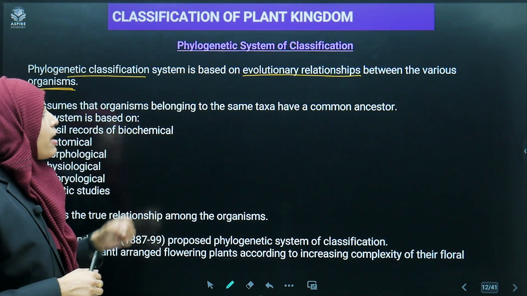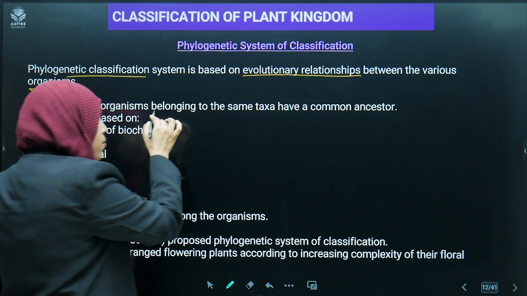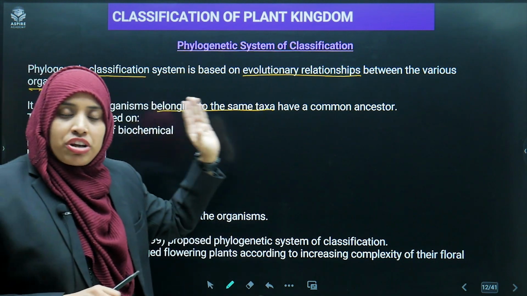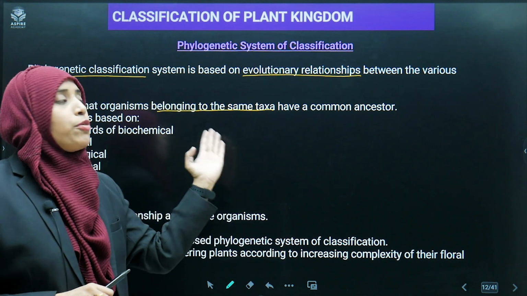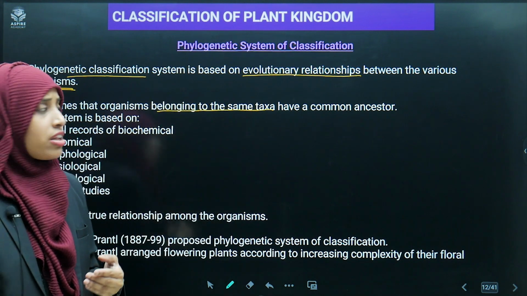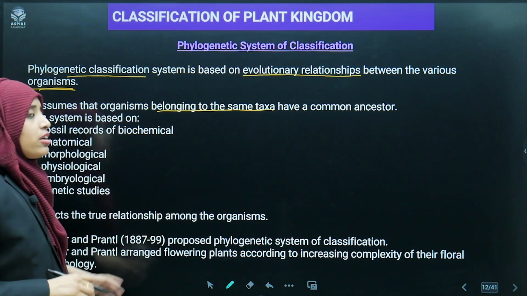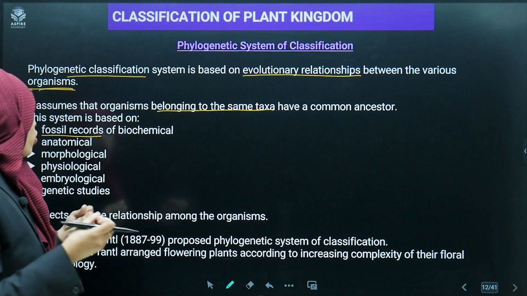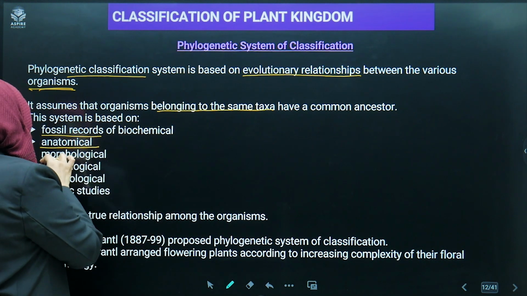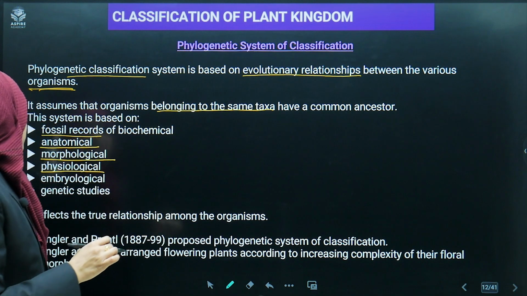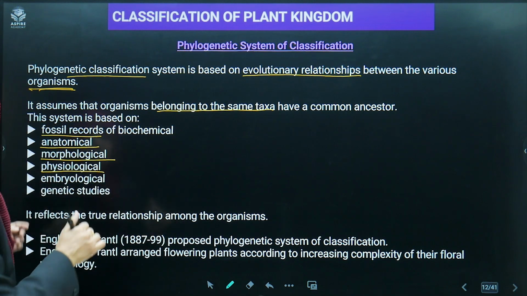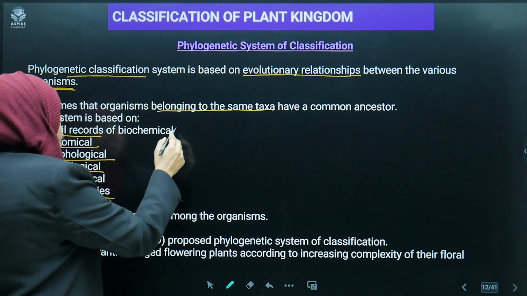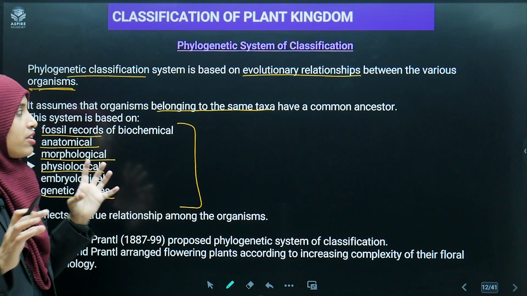Now it assumes that organisms belonging to the same taxa have common ancestors. तो according to this phylogenetic classification, अगर एक taxa से ही belong करते हैं organisms, that means they will come under the same group. Okay, so this classification was based on fossil records, anatomical records, morphology, physiology, embryology, genetic studies, ये सारे चीजों को focus करके ही this phylogenetic classification system was given.